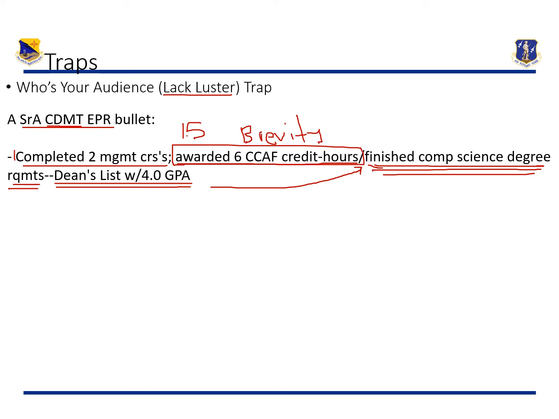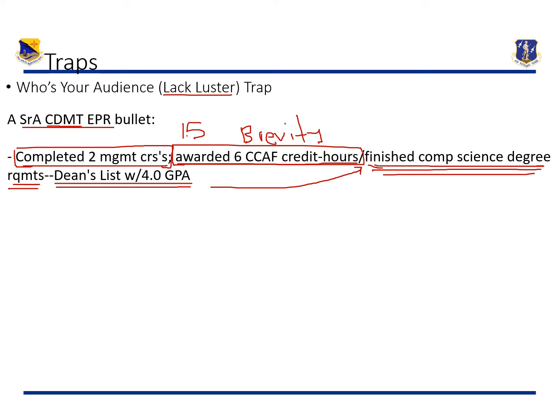Look at this beginning part. We talked about basically inflating statements. In this case, we're deflating this bullet. Completed 2 management courses. Honestly, I would have done a reverse part bullet here, which I haven't talked much about because, again, those are made to catch your eye.